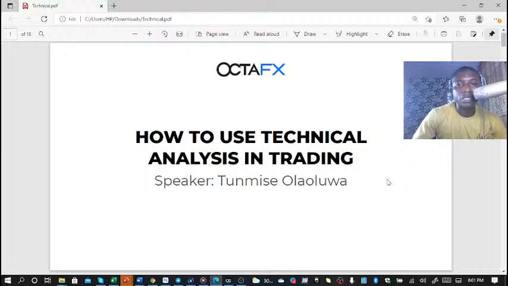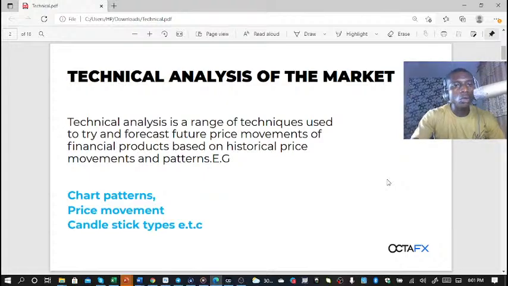Okay, fantastic. So today we'll be looking at how to use technical analysis in trading. Now, the question you want to ask yourself is, what is technical analysis? Because technical analysis is also a fundamental part of trading that you need to know. Technical analysis is a range of techniques used to try and forecast future price movement of financial products based on historical price movement and patterns.